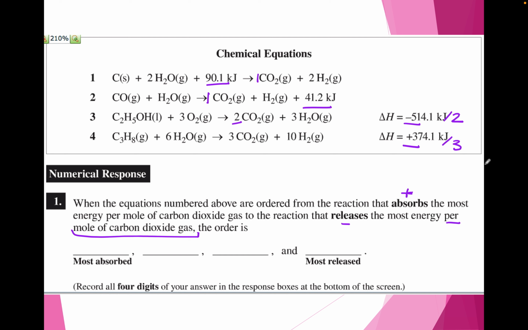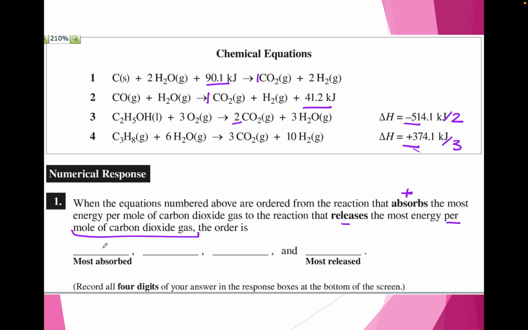So if we start to rank from most absorbing of energy to least, then if we divide this value by 3, we get 124.7. So this would be the most endothermic.